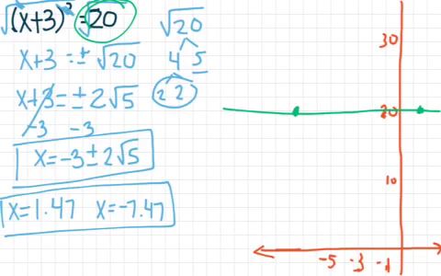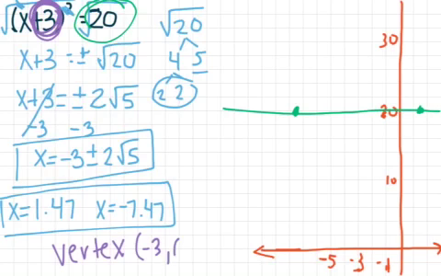Now, to get your third ordered pair to make your parabola, we can find our x-intercept. Now, the x-intercept is always going to be the opposite of whatever's inside your parentheses. So since I have a positive 3, my x-intercept, my vertex, is going to be at negative 3, 0.